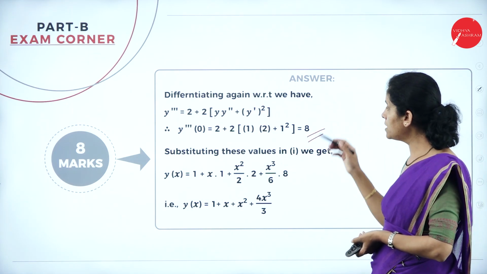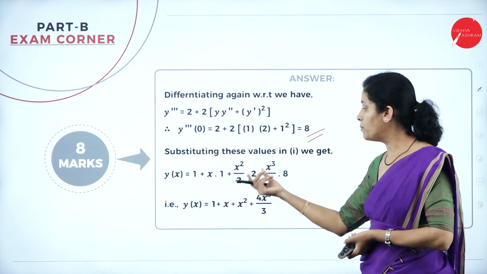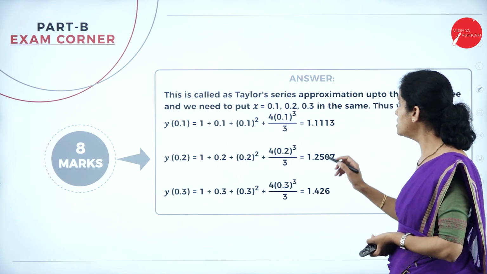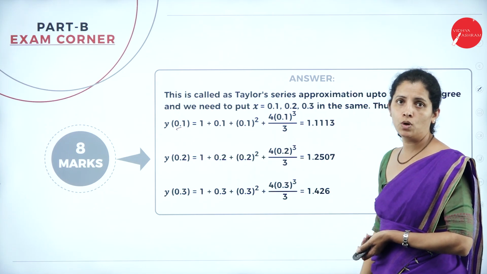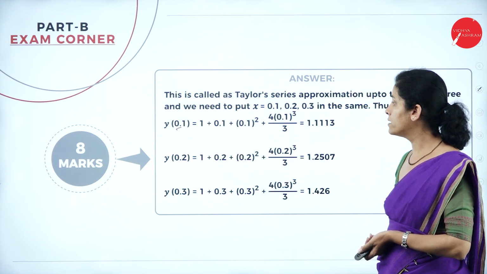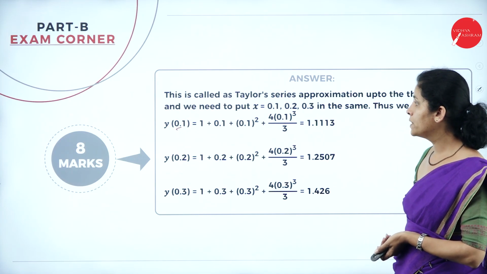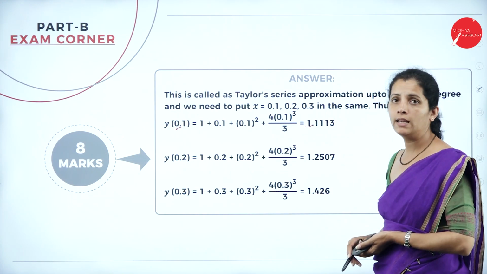Okay, and I'm going to substitute all the values in the formula. When I simplify, I'm going to get the answer. I want to find out y of 0.1, y of 0.2 and y of 0.3. When y of 0.1, I'm getting 1.113.